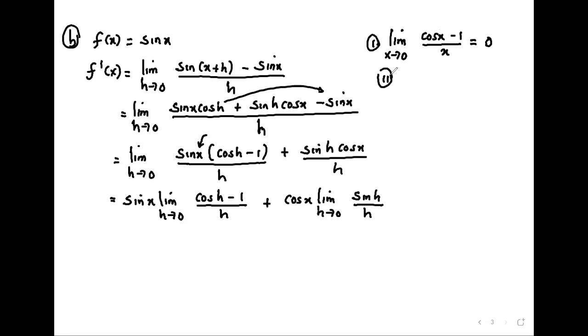And the second one is the limit as x goes to 0 of sine x over x is 1. So we want to use those identities here.